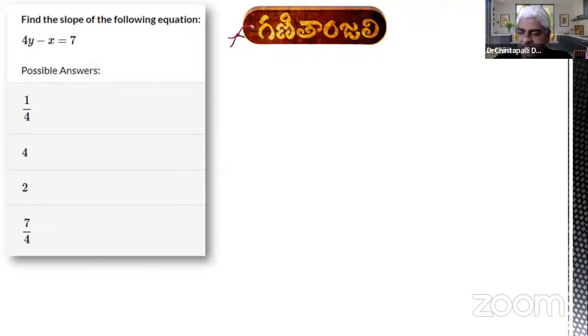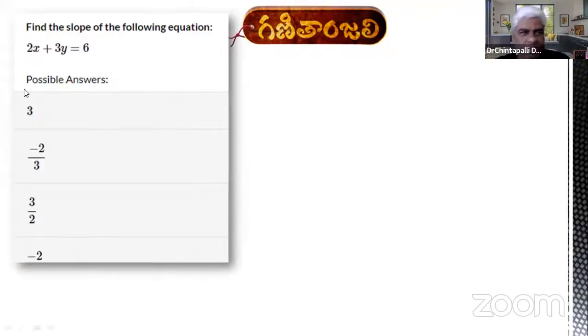Yeah, what is its answer? Slope is 1 over 4, sir. Yeah, option A. I told you one formula: negative a by b.